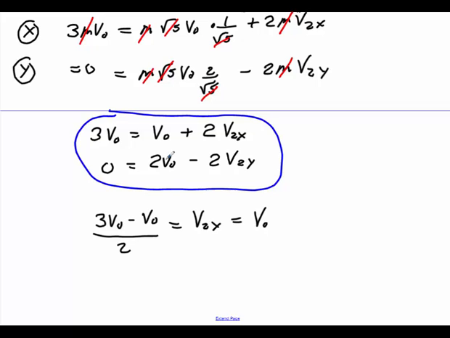We do the same thing down here. Move this to the other side, multiply by negative. Doesn't that tell me that 2VO is equal to 2V2 in the y? So doesn't that tell us that V2y is also equal to VO?